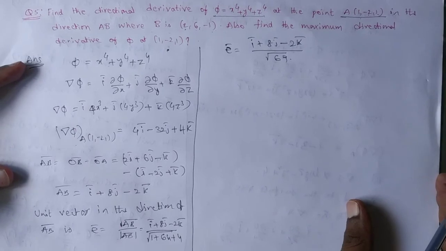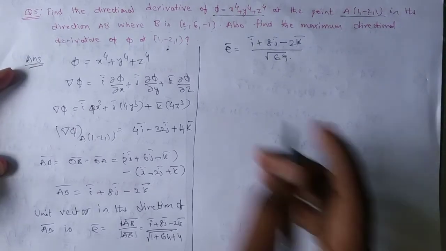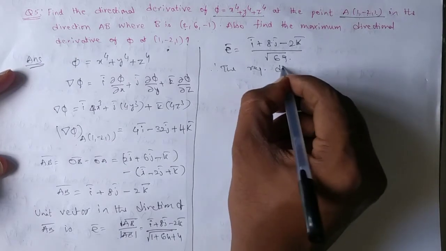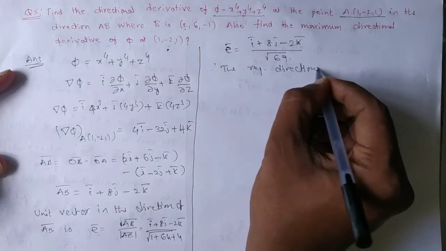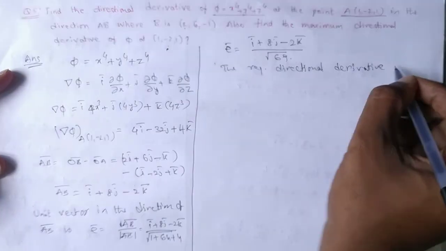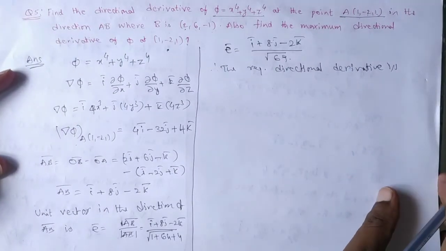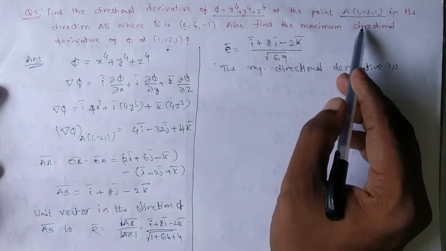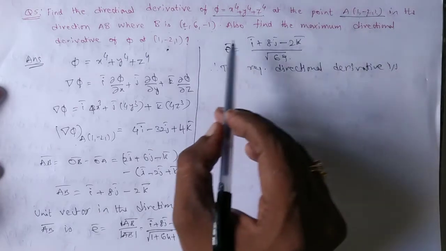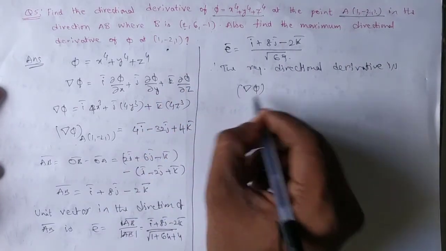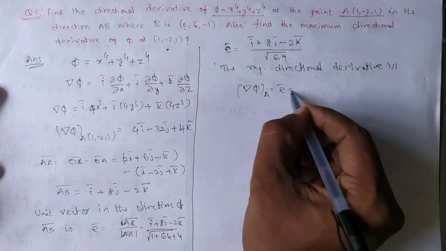So now we have to calculate the directional derivative. Therefore the required directional derivative is, so we just calculate here the directional derivative of this function at this point in the direction of AB bar. So what we have to calculate is the gradient of phi at that point A dot e bar.